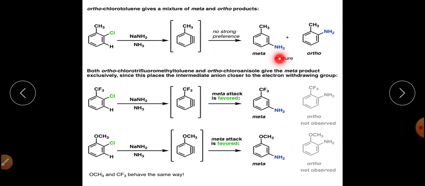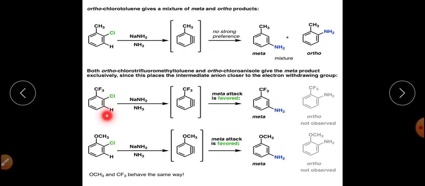So when it attacks at this position, it will be a carbanion, right? And when it attacks at this position, it will be a carbanion. So when we talk about the major product, there is no strong preference about the CH3 group when attached to the benzene ring. But generally, the major product that is synthesized during this reaction will always be this one in comparison to this one.